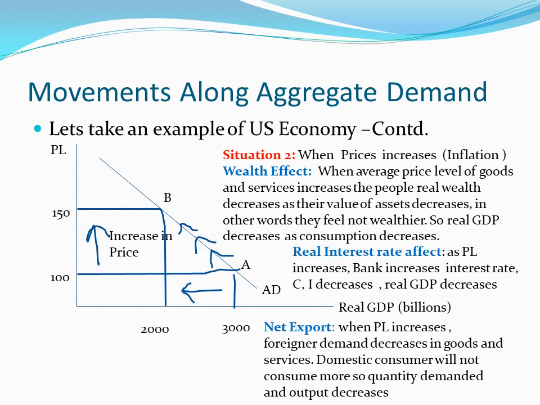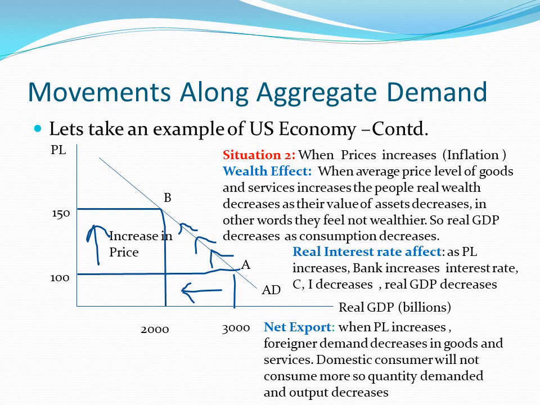So the first point is the wealth effect. You can say when the average price level of goods and services increases from 100 to 150, let's say, people's real wealth decreases because now they have less money, so the value of their assets decreases. In other words, they feel less wealthy.